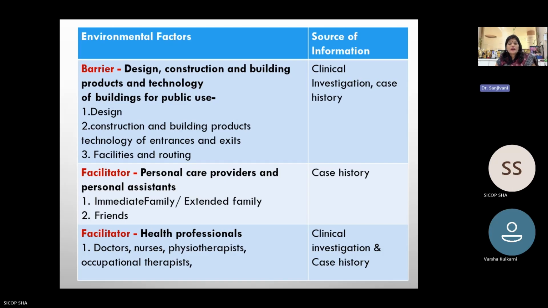Okay, and the facilitator: he is trying to take treatment, and family support is there for taking care of him, that will be the facilitator. Then all health professionals, all the team will be your facilitators. Again, the source of information will be clinical investigation and case history. Next.